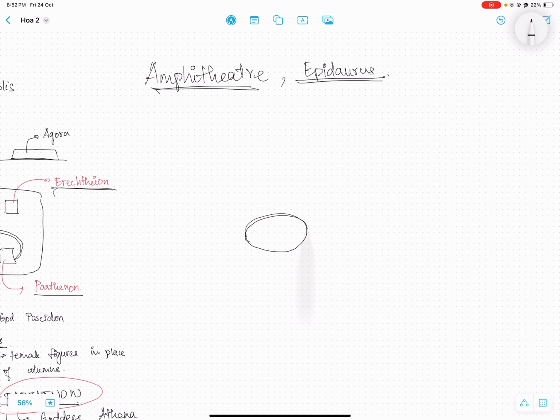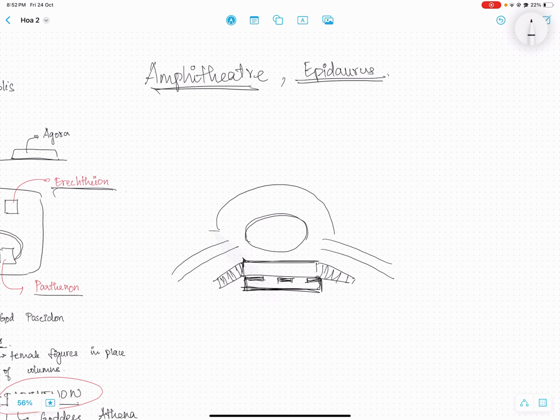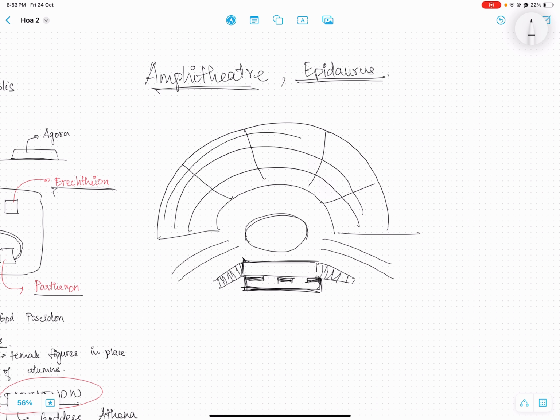Staircase, these were your pathways. And these are your seatings.